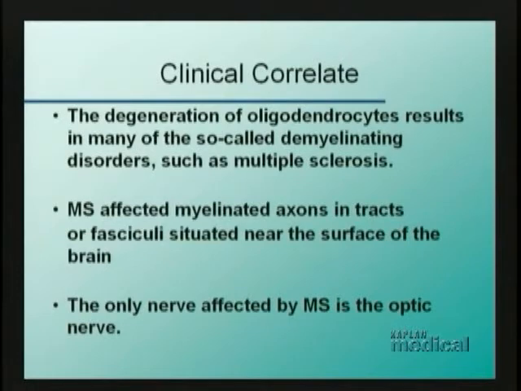Basically, multiple sclerosis typically affects myelinated axons in the central nervous system that are found in tracts or fasciculi near the surface of the spinal cord, brainstem, or near the surface of a particular portion of a ventricle. And since this is a central nervous system demyelinating disease, the only nerve that's commonly affected by multiple sclerosis is the optic nerve.